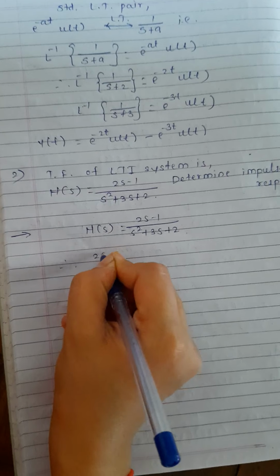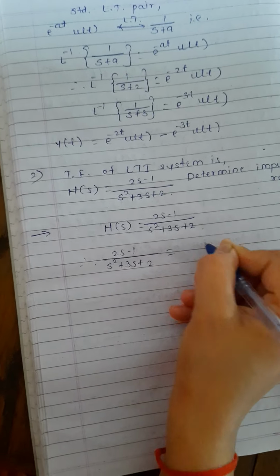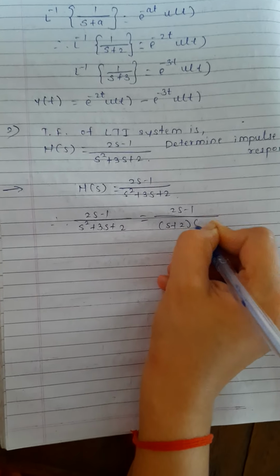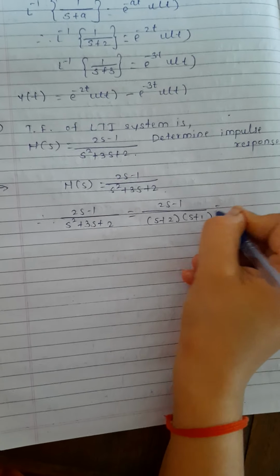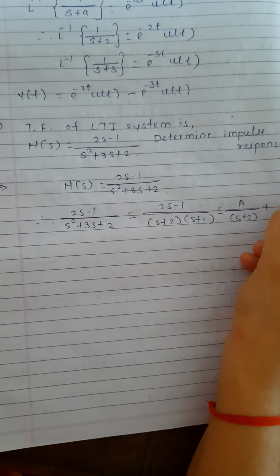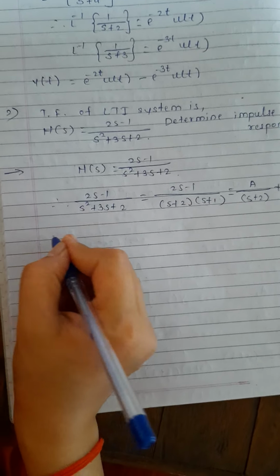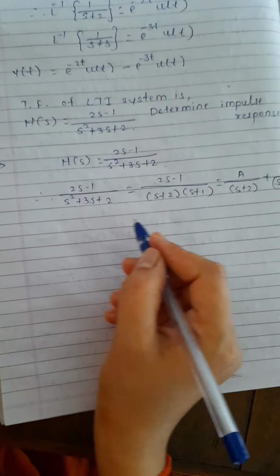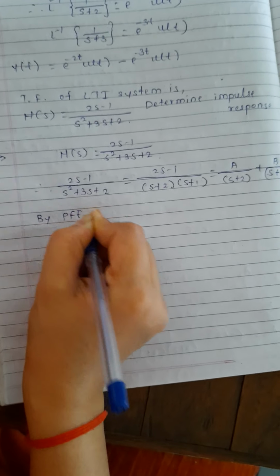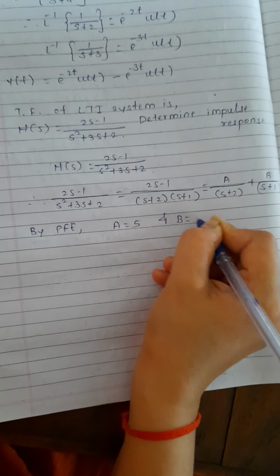So we can write 2s minus 1 divided by s square plus 3s plus 2 is equal to (s plus 2)(s plus 1). So we can write this equation as a by s plus 2 plus b by s plus 1. Now here we directly write the values of a and b by using partial fraction. So by partial fraction expansion we get a as 5 and b as minus 3.